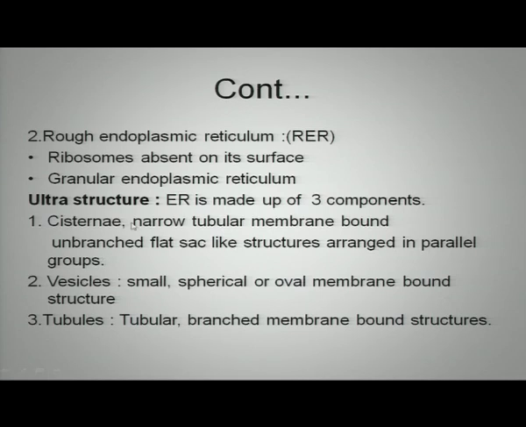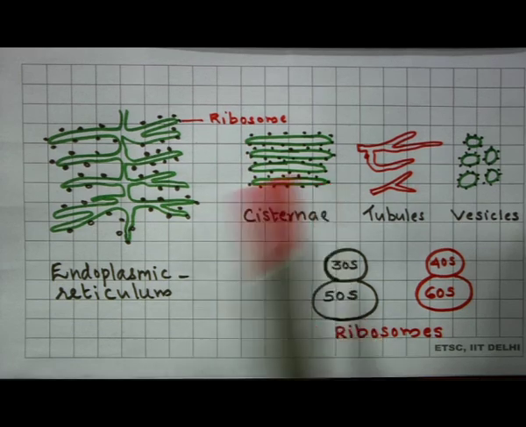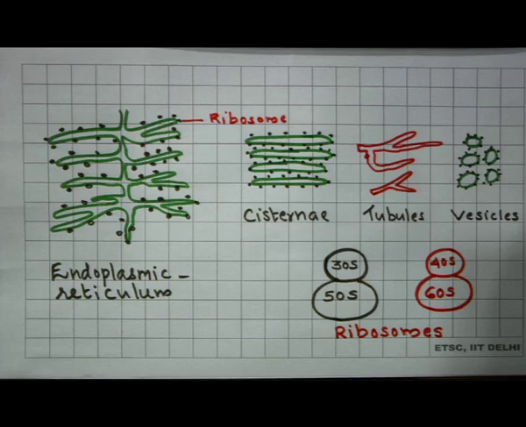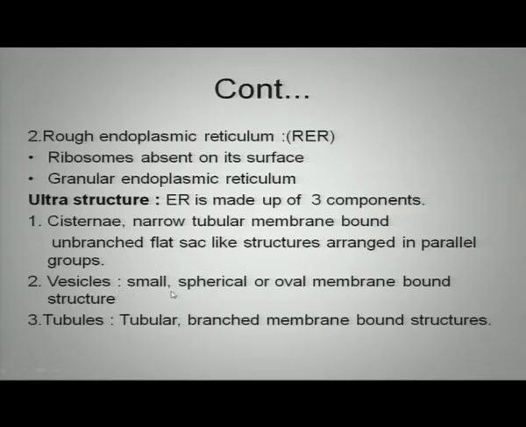Similarly, vesicles are small structures, spherical or oval in shape, single membrane bound structures. Coming to tubules, they are tubular and highly branched, single membrane bound structures.